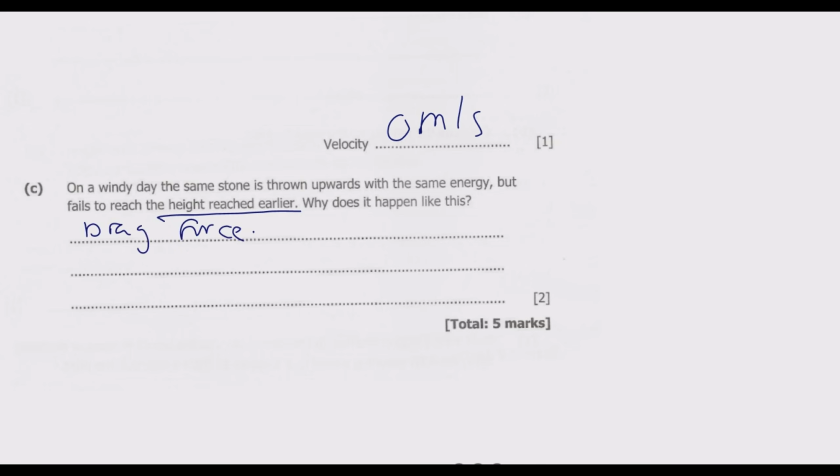So now on the windy day, what is happening is this drag force is high. The wind is blowing a lot, and the stone is acting perpendicular to the direction of the wind.